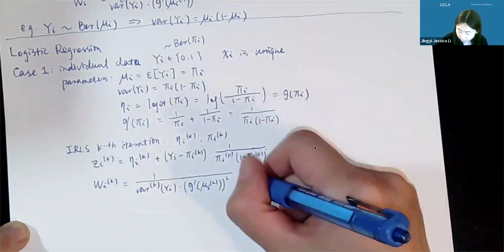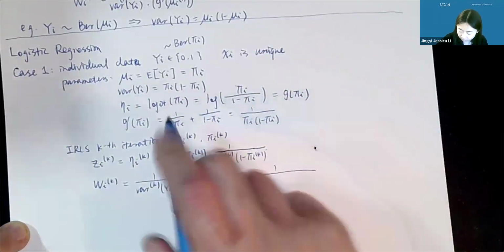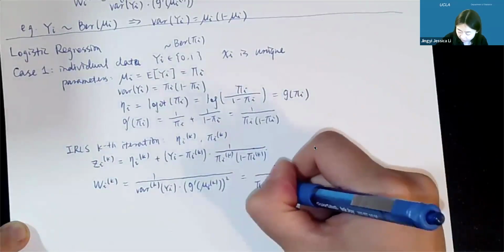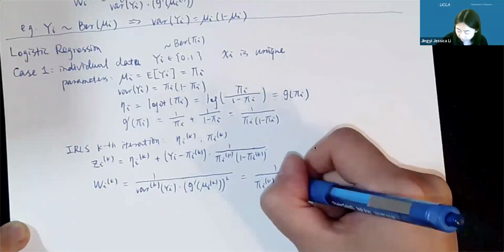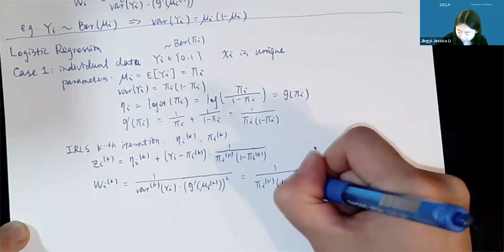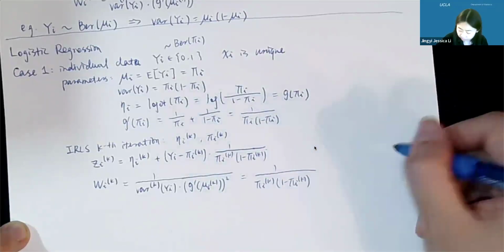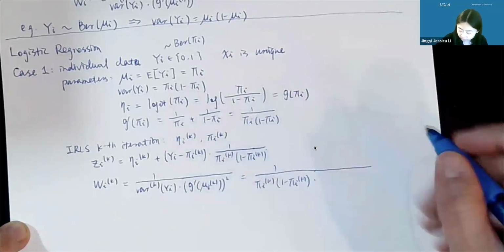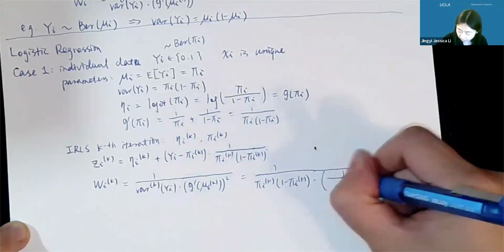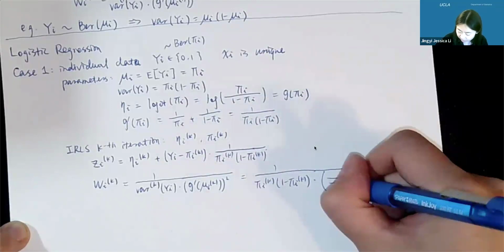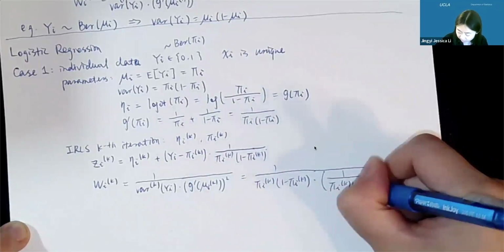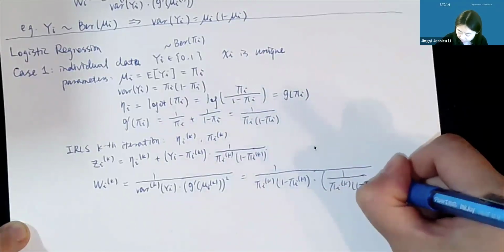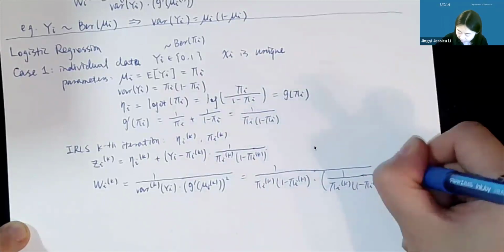So it becomes 1 over variance, pi ik times 1 minus pi ik, times g prime, 1 over pi ik times 1 minus pi ik, squared.